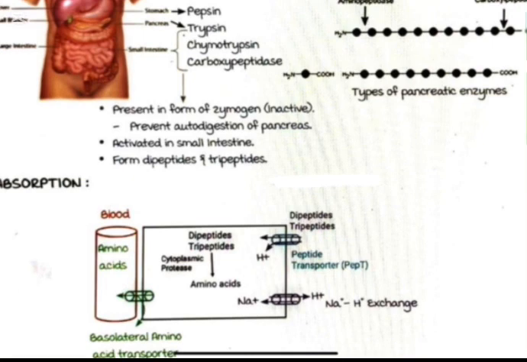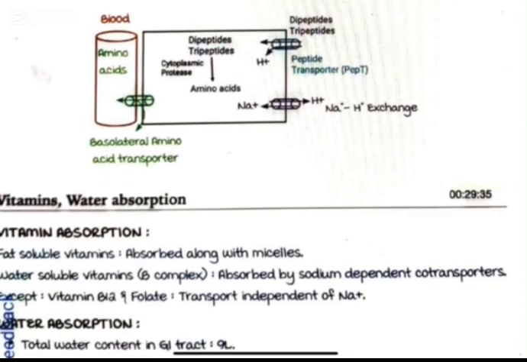Small intestine presents trypsin, chymotrypsin, carboxypeptidase. They are present in the form of zymogen, inactive, which prevents autodigestion of the pancreas and acute pancreatitis. They are activated in the small intestine and form dipeptides and tripeptides.